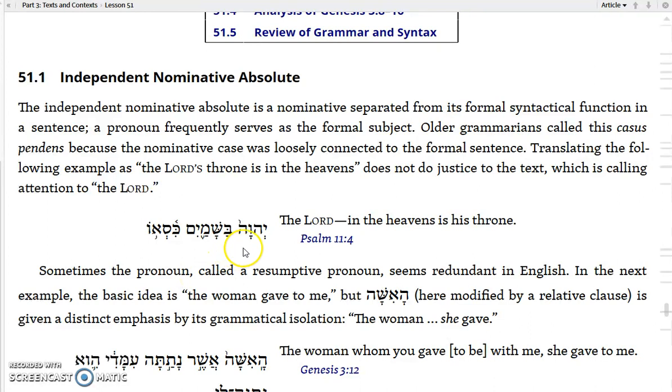But the sense of it is this: as for the Lord, his throne is in the heavens. Ross does it by the Lord dash in the heavens is his throne, but you could do this as for sort of thing to give you the idea of pending case. As for the Lord, his throne is in the heavens.